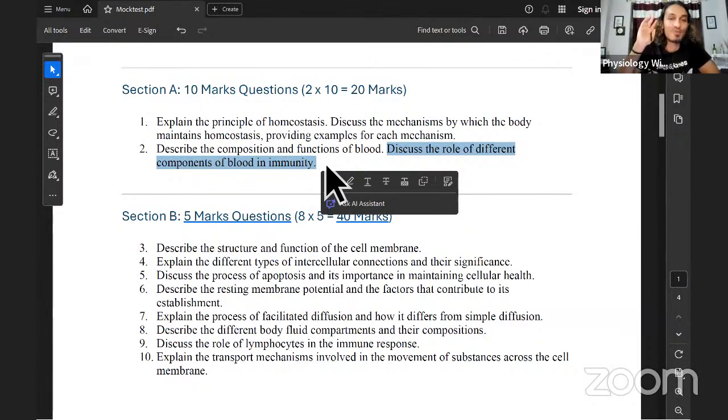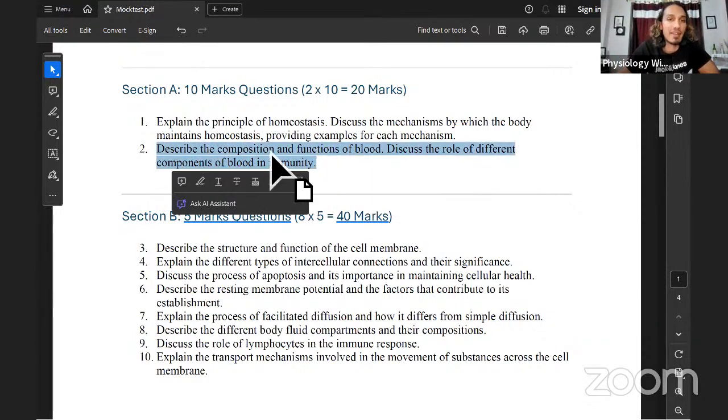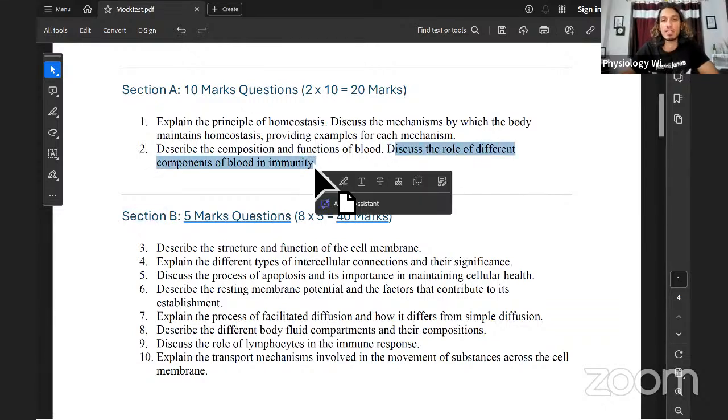So you see how big a question this is. So you have to accordingly not go too deep into everything. So just as I was telling, diagram, function. Okay, that'll be enough for discuss the role of different components of blood in immunity.